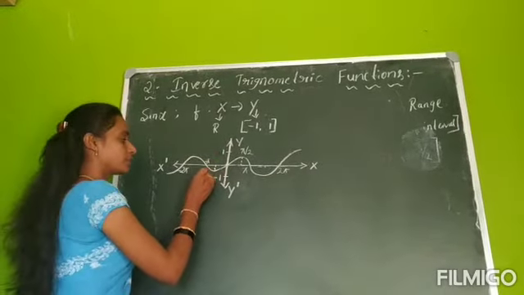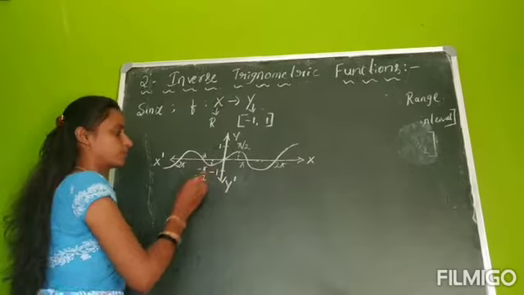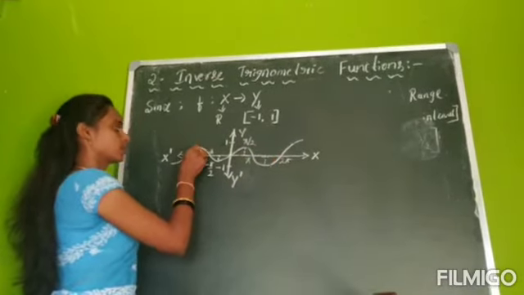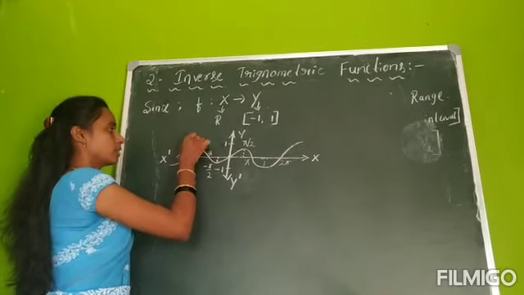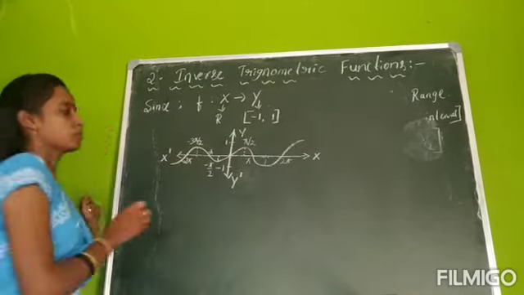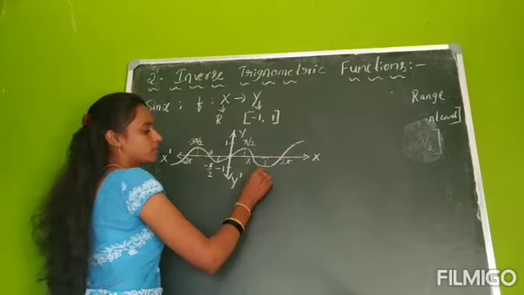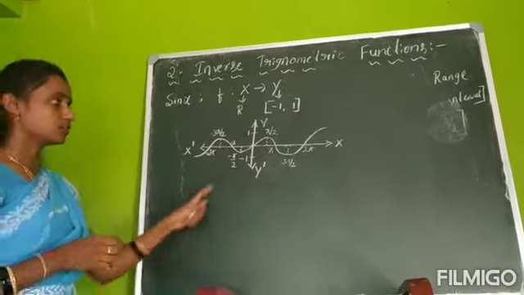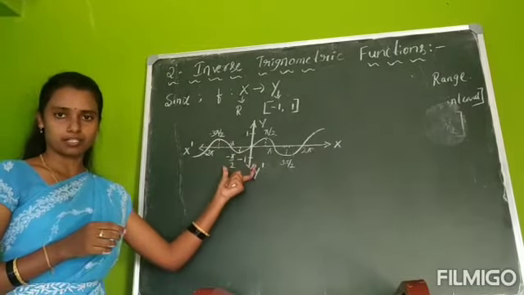And here is minus pi by 2. Next here is minus 3 pi by 2, and here is 3 pi by 2. This is clear. This is the graphical representation of the sine function.